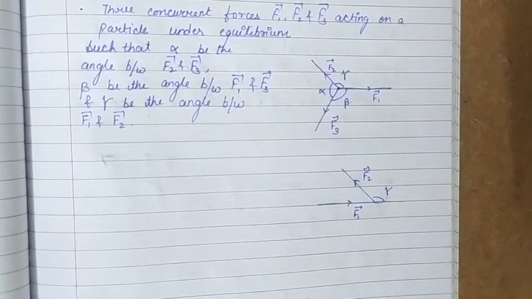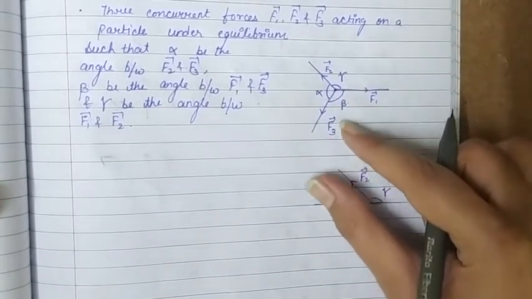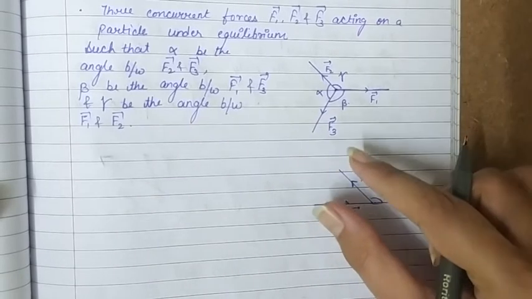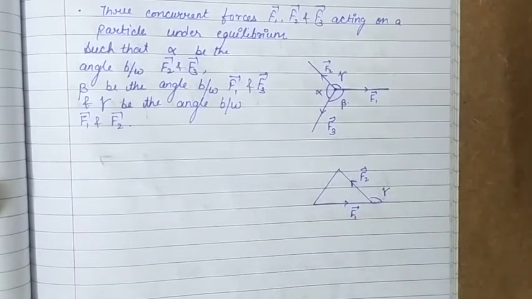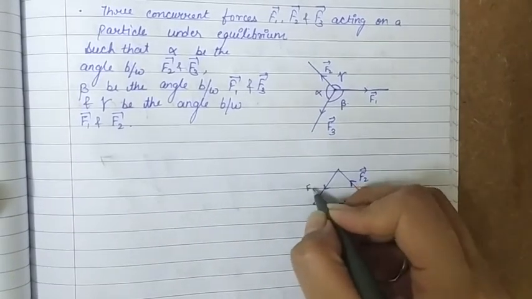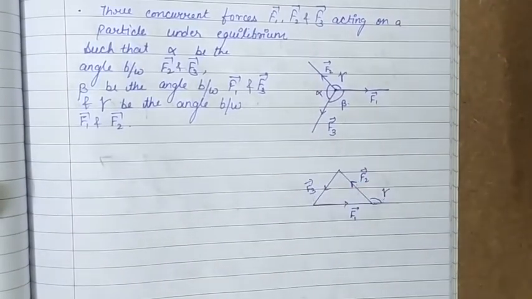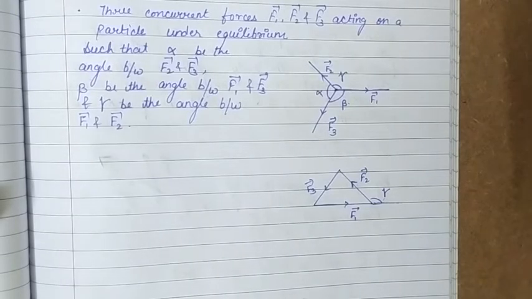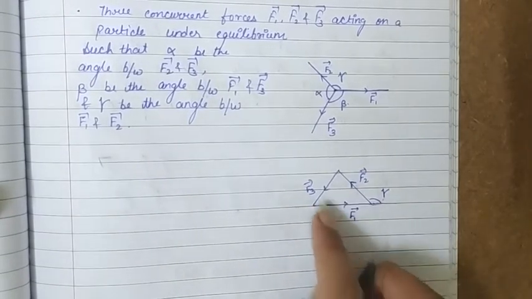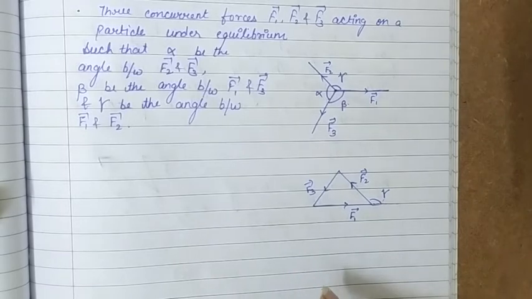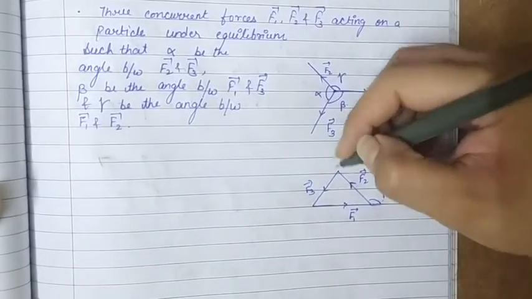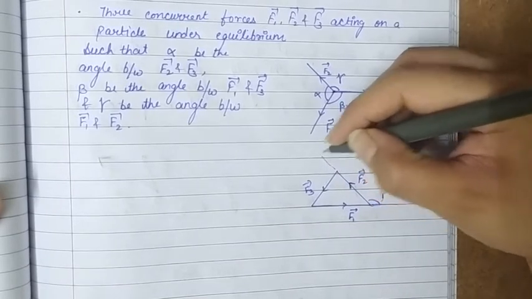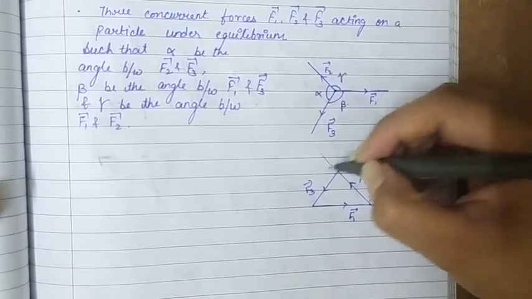Similarly, we are going to displace this F3 vector to here, and it will be represented as this. So magnitude of F3 vector is also same. We are not changing its magnitude, as well as the direction between F2 and F3 and F1 and F3 will remain same. So the angle between F2 and F3 is alpha.